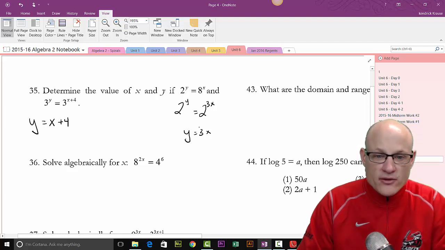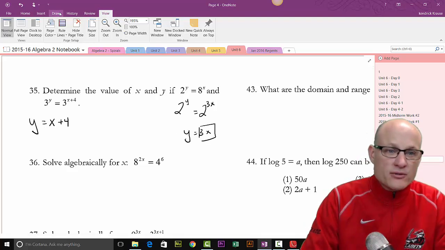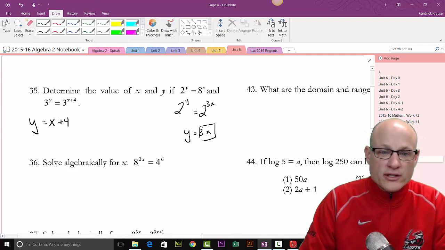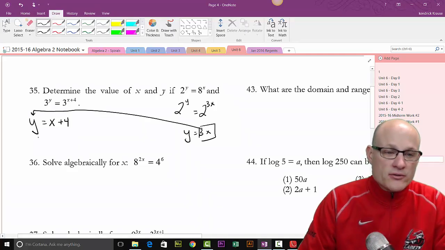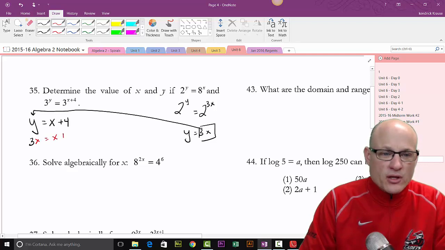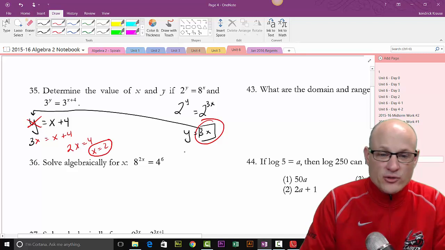This is y. So what we're going to do is take this, plug it in. So I get 3x is equal to x plus 4, right? I just replaced the y with whatever it's equal to. So 2x is equal to 4, or x is equal to 2. Well, if x is equal to 2, then y has to be equal to 6.